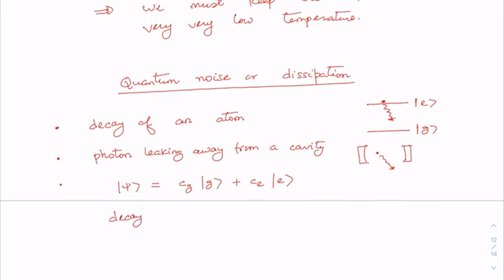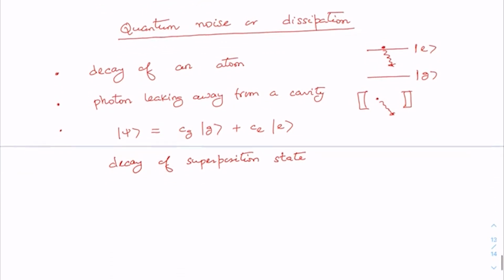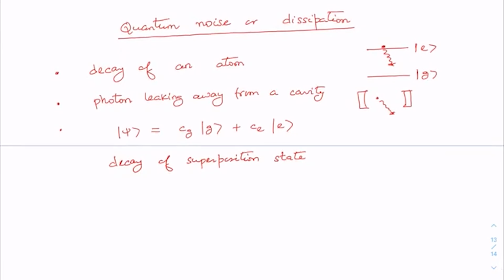This decay of a quantum superposition state is also quantum dissipation or quantum noise. It generally happens as soon as the system comes into contact with the environment or any perturbation.